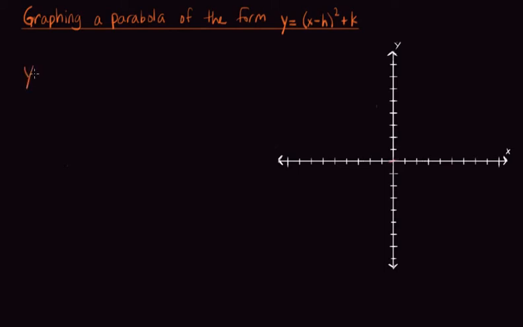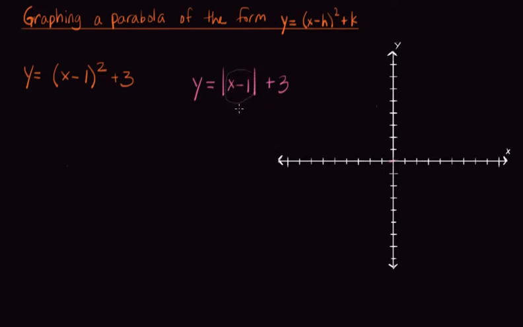So y equals x minus 1 squared plus 3. Now, if you think back to an absolute value equation, y equals absolute value of x minus 1 plus 3, remember that we said that you find the vertex by letting this equal 0, right?